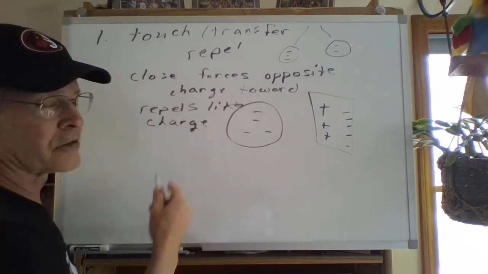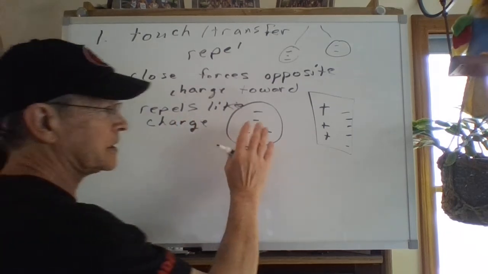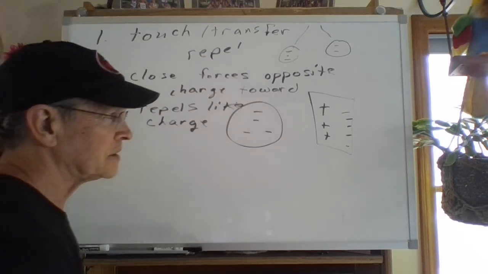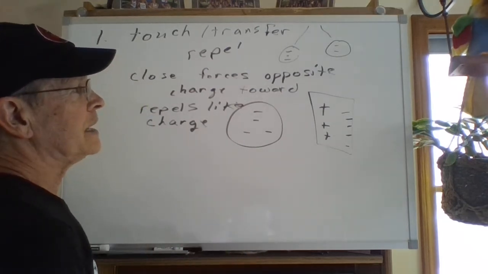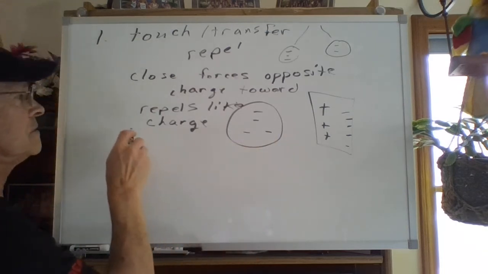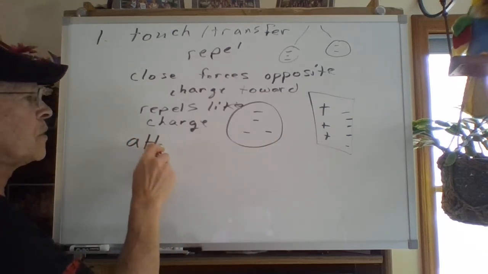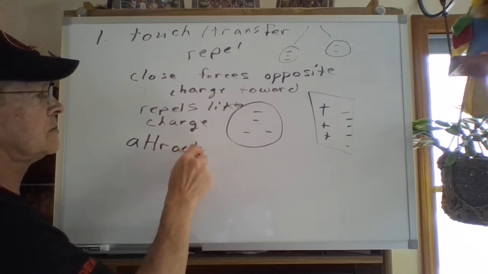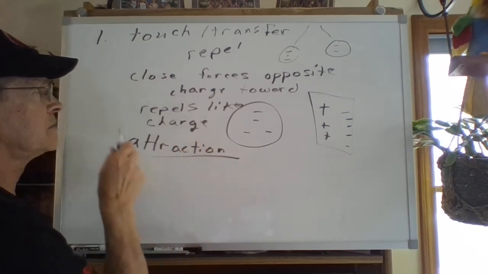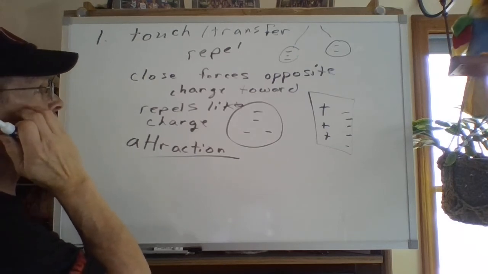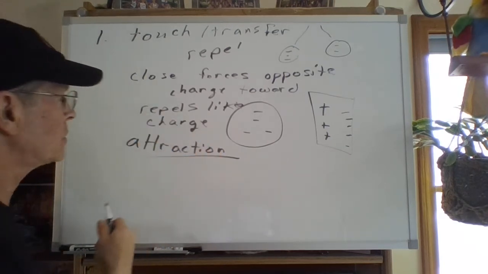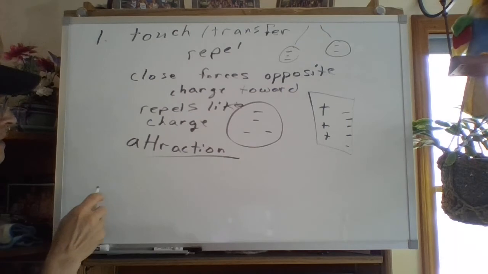Yeah, opposites attract, likes repel. It's easier to see in the diagram, or actually to see it performed. But you could see there would be attraction overall. Opposite charge comes toward, like charge goes away.